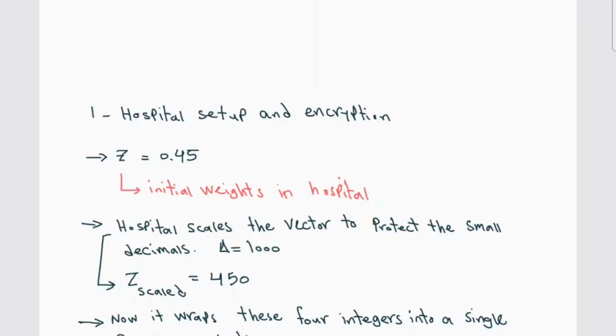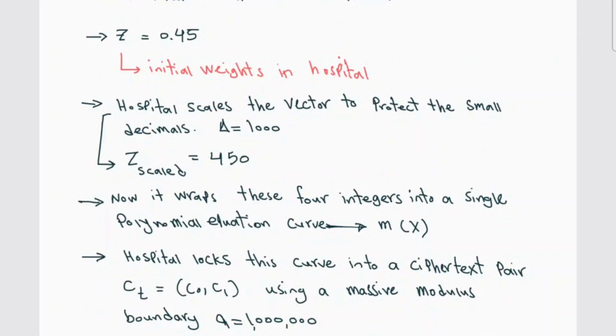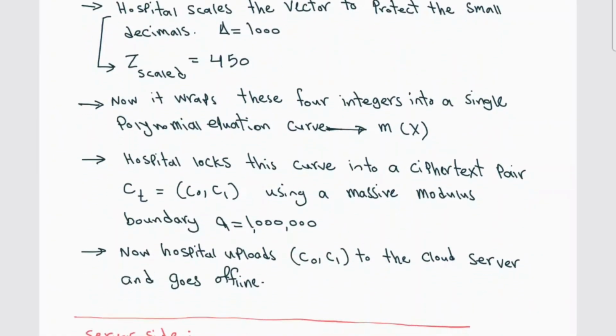I try to make it simplified with an example instead of focusing on the equations and proofs. Of course, if you're interested in that, it would be great, and I highly recommend that you read the paper. But here we're going to make it simplified, so those who are newer to this field can understand it. Let's say we have a hospital that is sending some weights to an aggregation server.